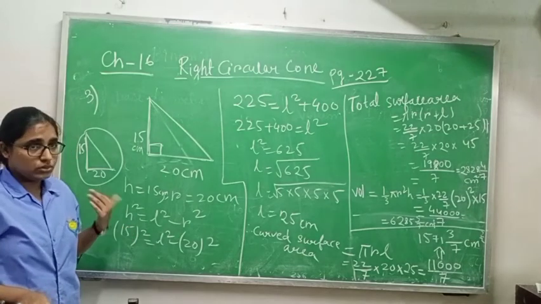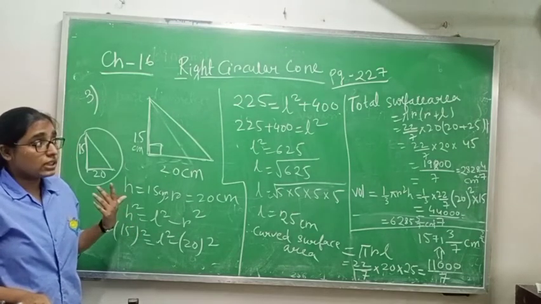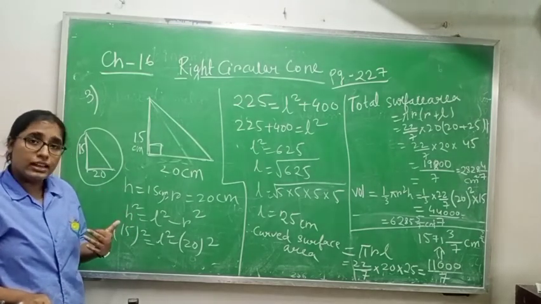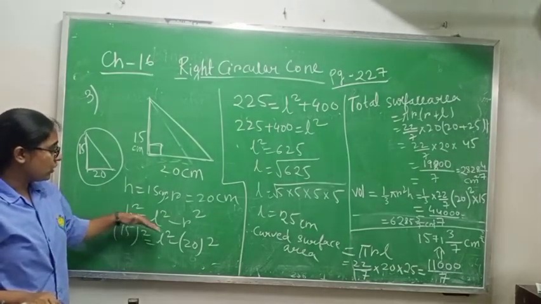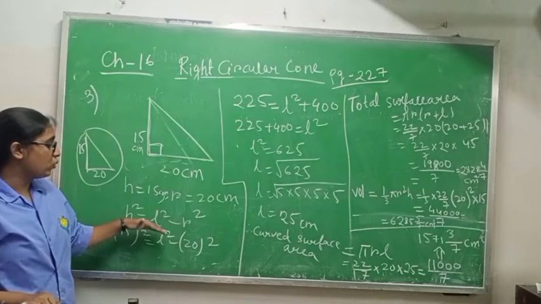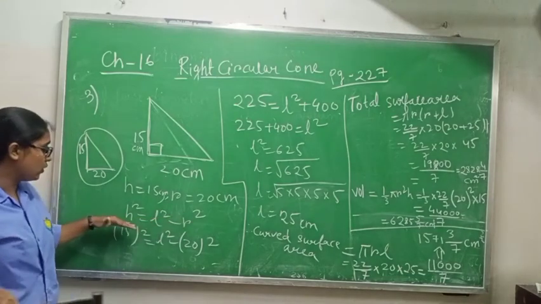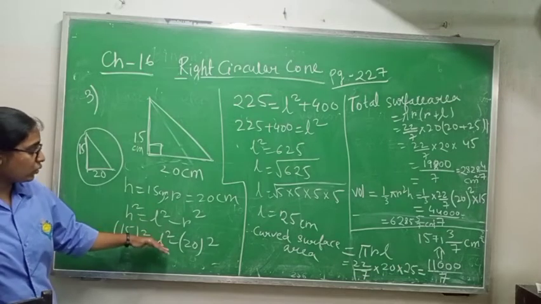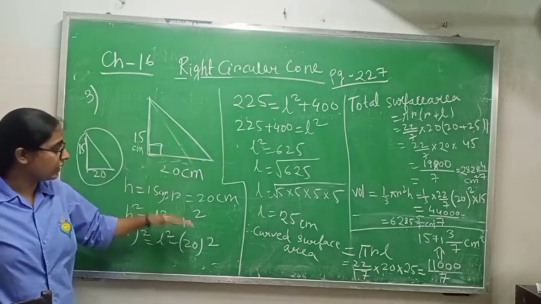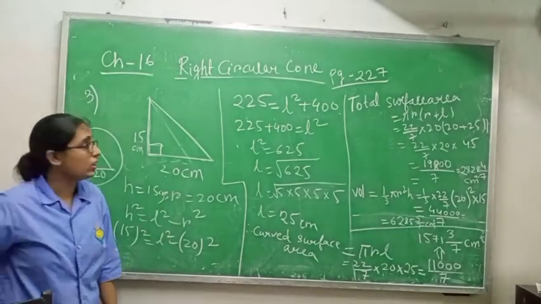For these, you need L, means slant height. So the formula of h, L and r is h square equals L square minus r square. H square is 15 whole square, L square we don't know, and this one is the radius, 20 square. Okay.